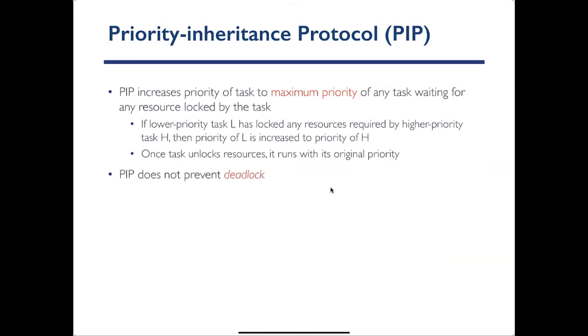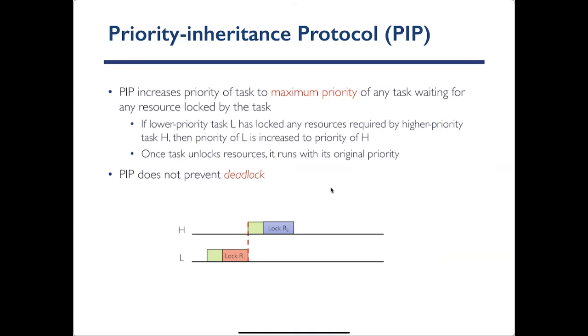So let's run this in the example that we saw. Let's say a low priority task is running and then it locks a resource, and then a high priority task comes in and tries to lock the resource.